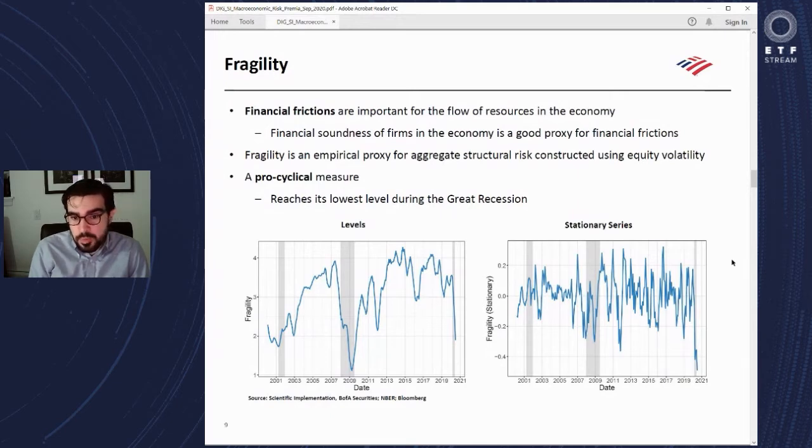So in order to properly construct the distance to default measure, one needs to take into account balance sheet information, financial statement information, which is not available at high frequencies.